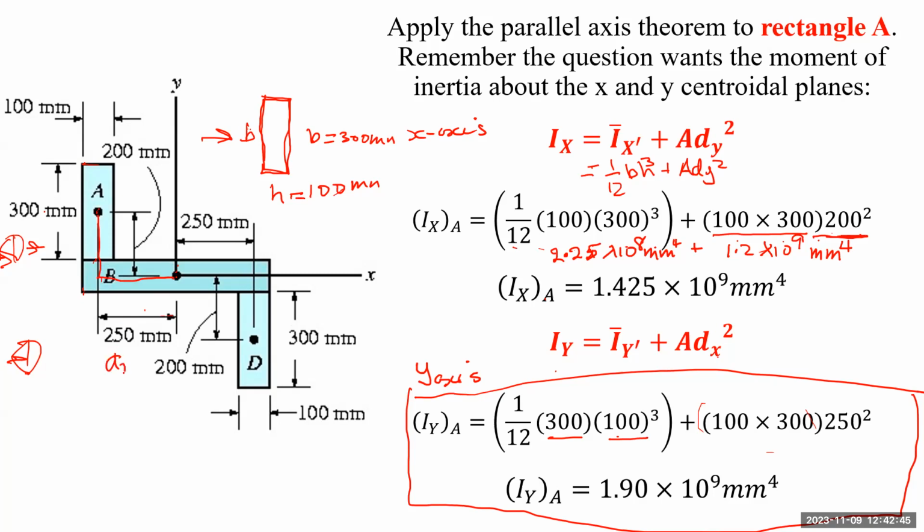So this is the dx. How did we get that dx? Because as I told you before, halfway is 300, but half of 100 is 50. So it's 50 from 300 and you get 250. So that's how we get our 250. And when you simply work out both of them, you get the answer.